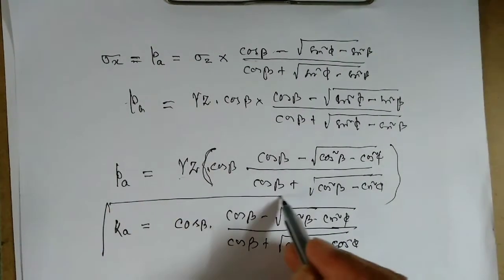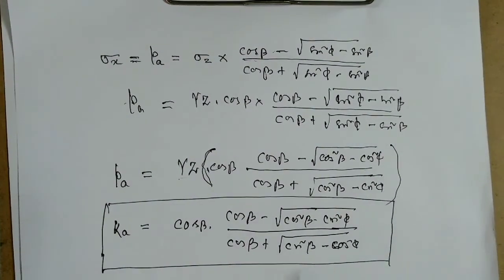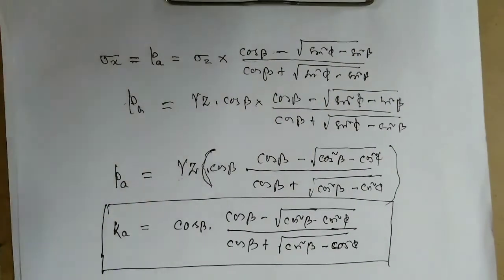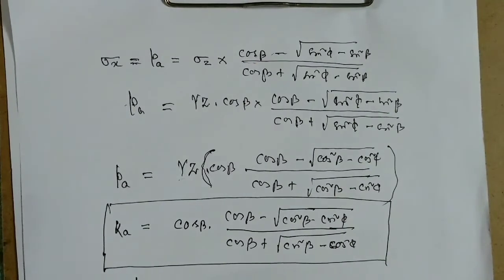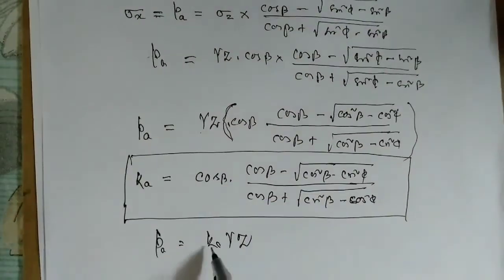This is the expression for coefficient of active earth pressure with inclined backfill. And active earth pressure is finally Pa equals Ka gamma z, as usual in Rankine's theory, in which Ka will be this one.